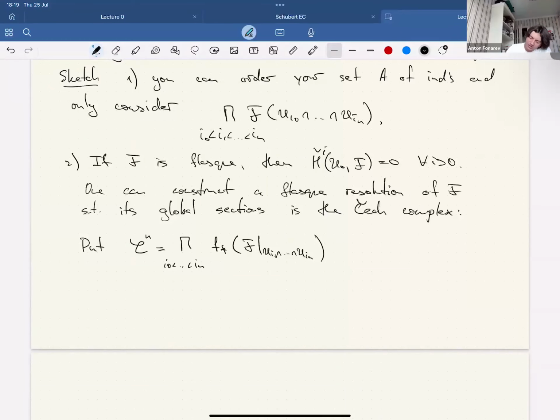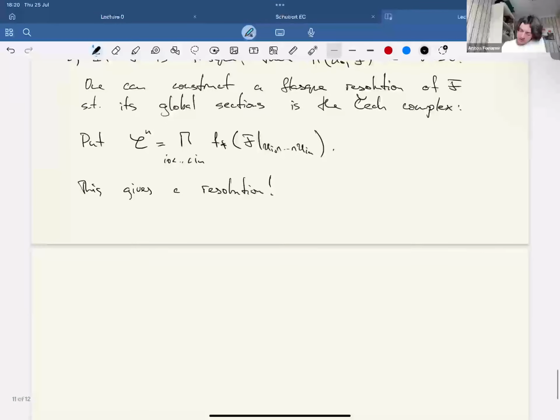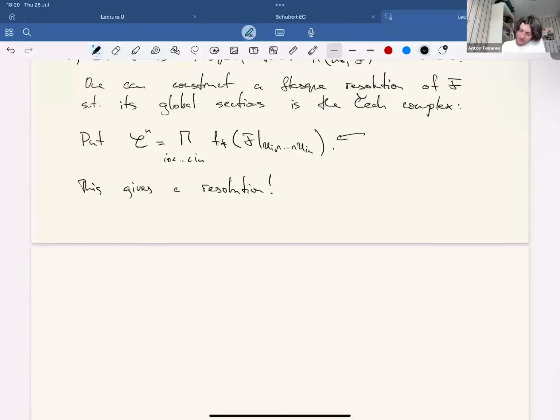But now check that this is a resolution. So now these are sheaves. This gives a resolution. And remark that these are flask if F was flask.